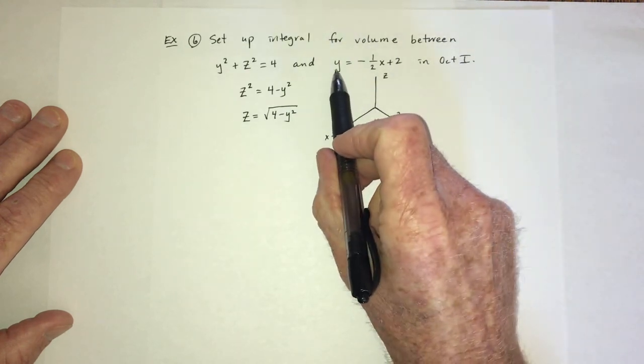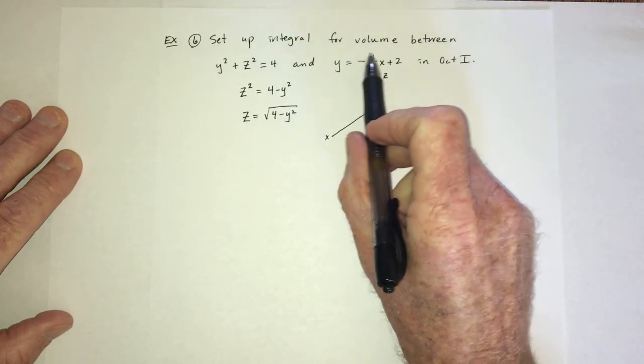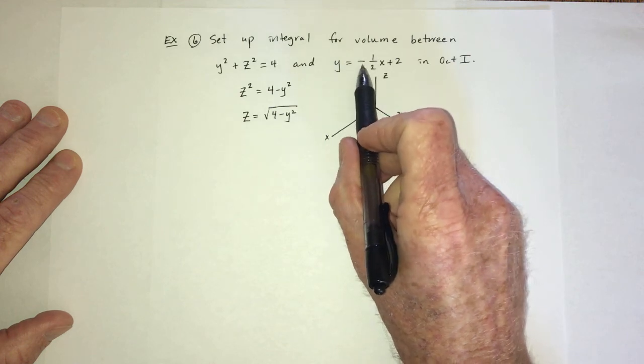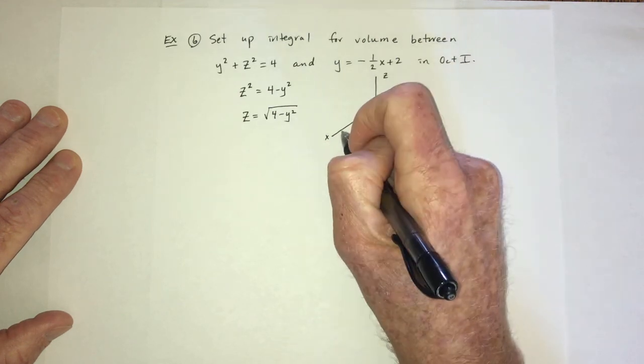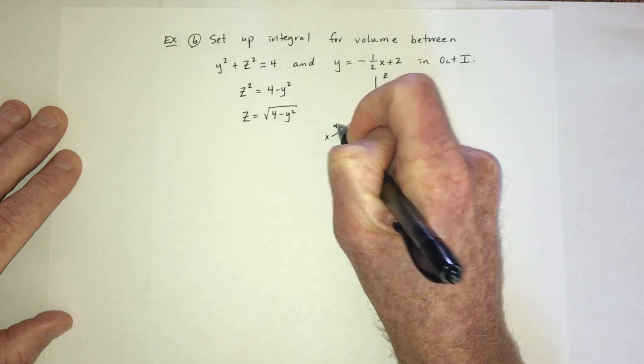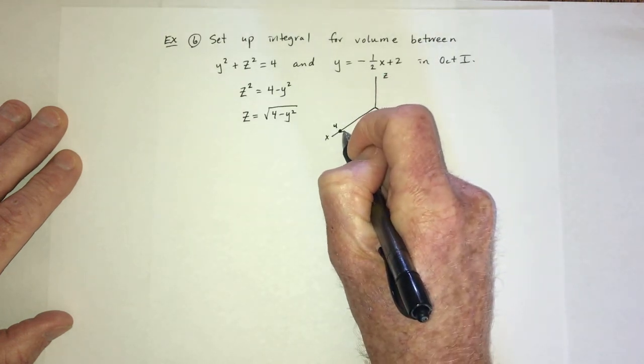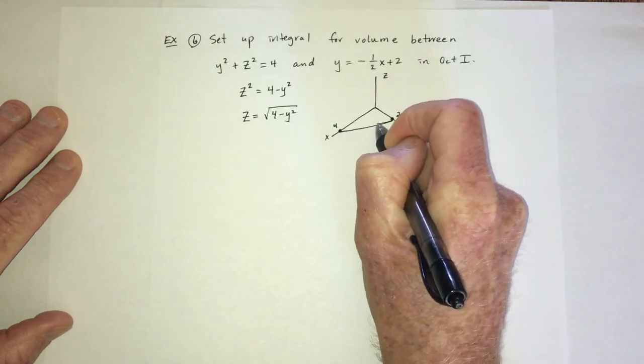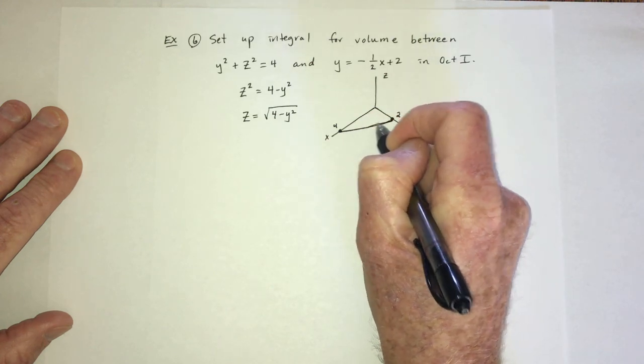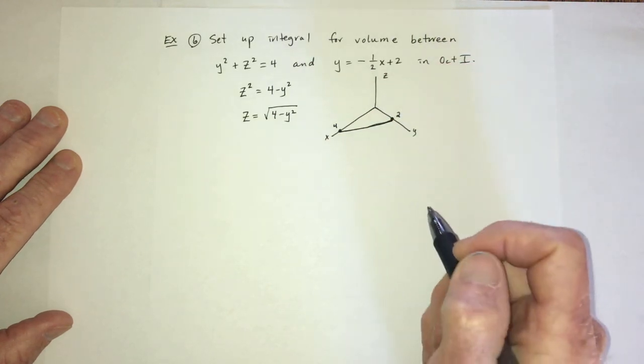And if you plug in that y equals 0, then move the 2 to the other side, it becomes negative 2. And when you multiply both sides by negative 2, it's going to be a positive 4. So we're talking about the plane is going like this when it hits the xy plane, and then it's going straight up from there.